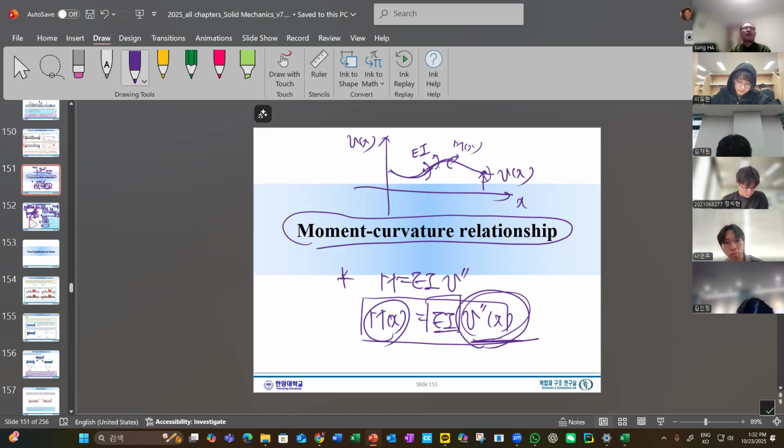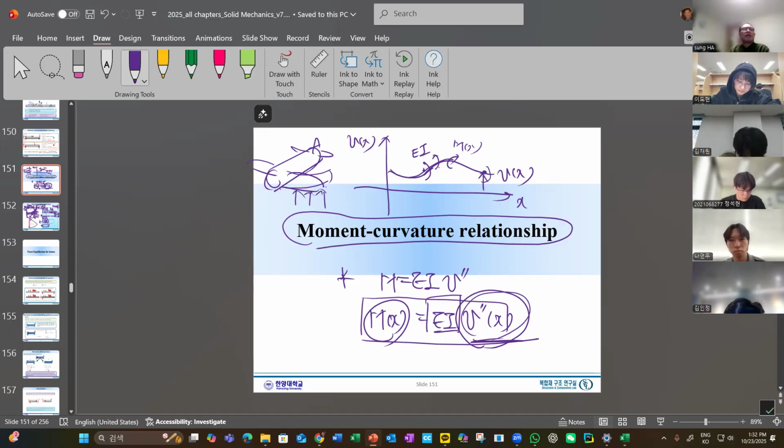So let's say we have an airplane like this. Now it's flying, and there is a lot of load at the bottom. Now this wing will deflect.